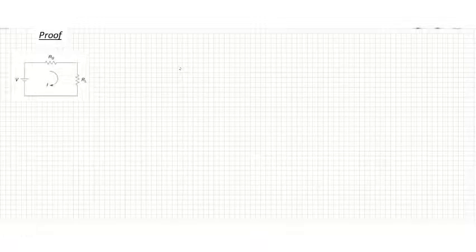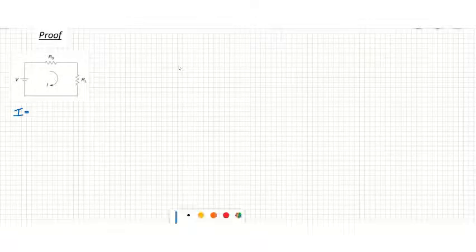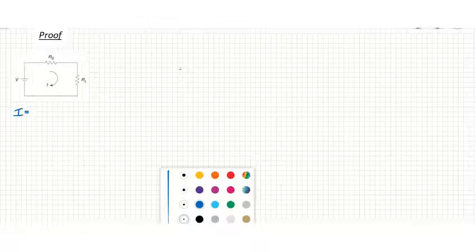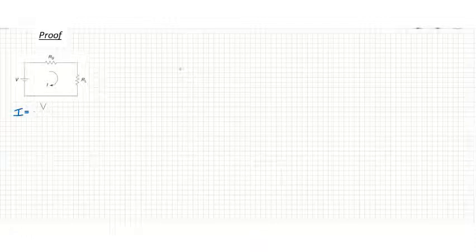From this circuit we can write I is equal to E divided by Rs plus RL.